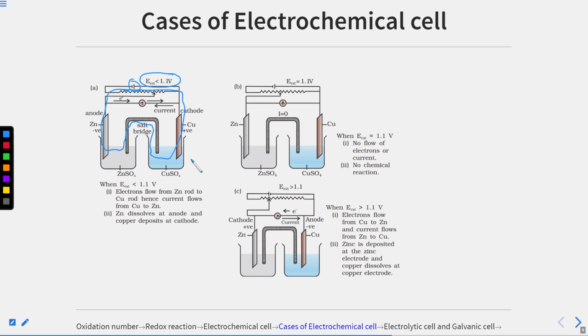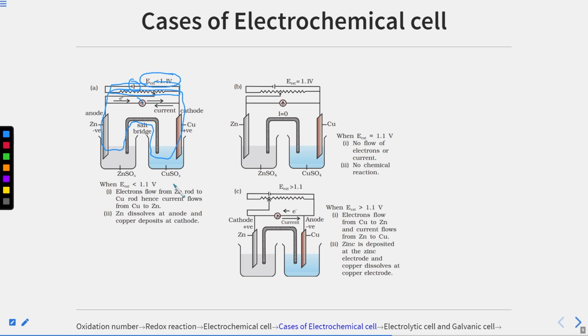So if we are applying current in the opposite direction and such that it is less than the potential that is in this circuit. So this is one circuit here, and in the second circuit we are applying opposite potential to it. So if the opposite potential is less, then the reaction that is going on here will be due to the chemical reactions in the solution, and in that case we will term it a galvanic cell.